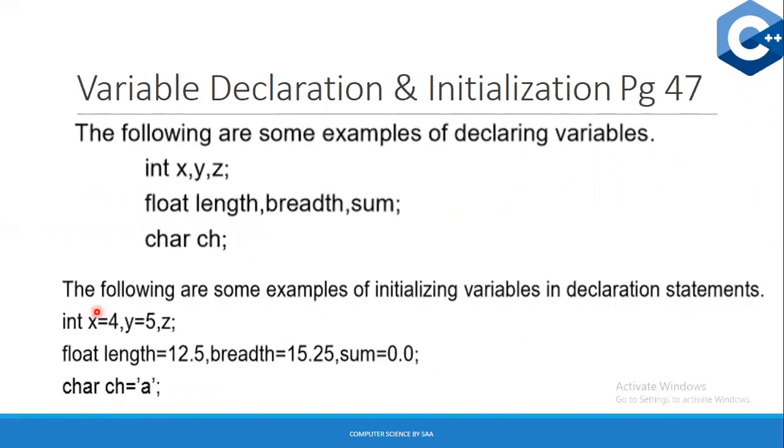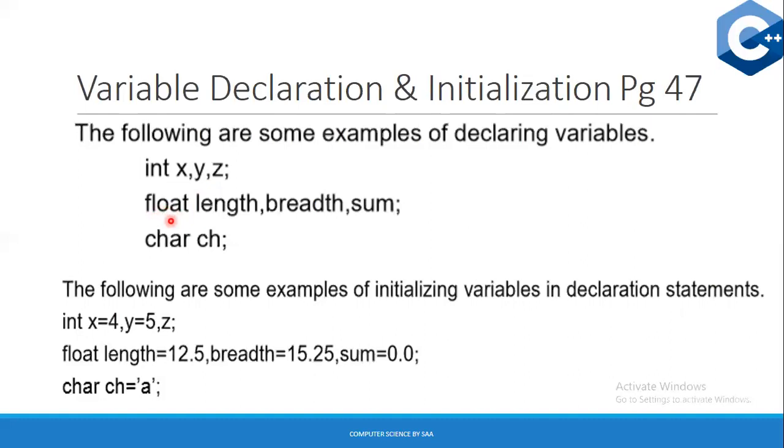In the previous lecture we have also discussed variable declaration and initialization. Here in this first part, the variables are only declared with their data types, which means what type of data can be stored in the variables x, y, and z.